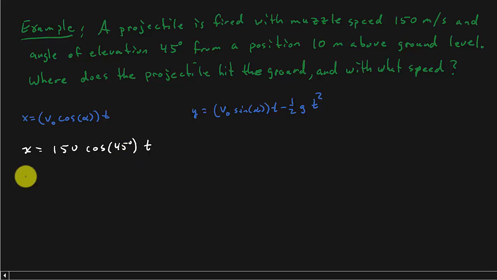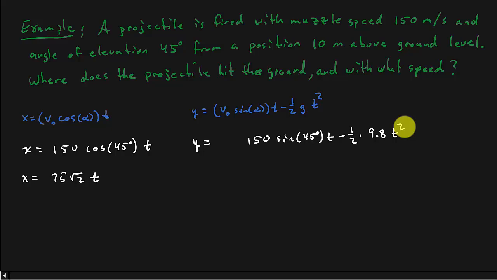And so this is going to give me, well, cosine of 45 is square root of 2 over 2, 150 over 2, that's 75 square root of 2 times t. And then I have y is equal to, now I'm leaving a little space here, you'll see why, 150 times sine 45 t minus 1/2, and what's g? That's 9.8 t squared.